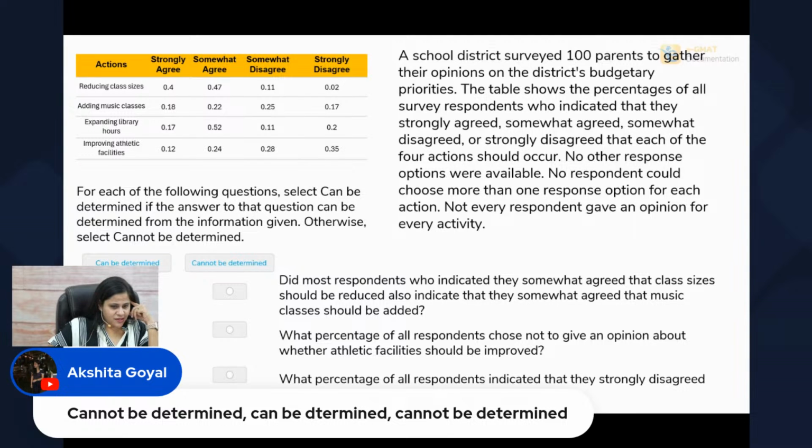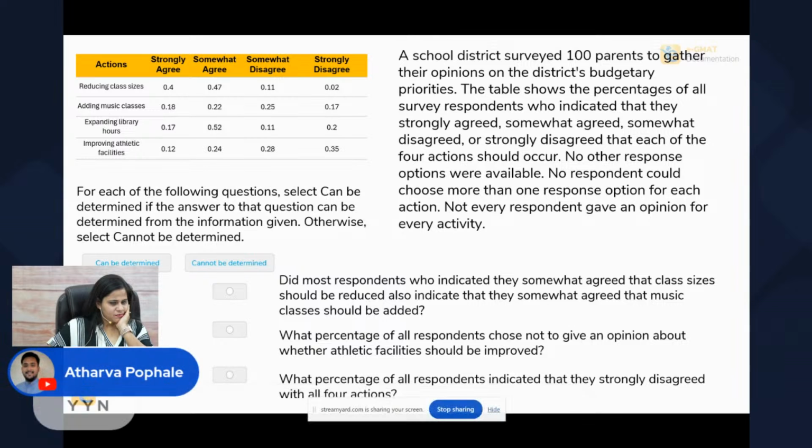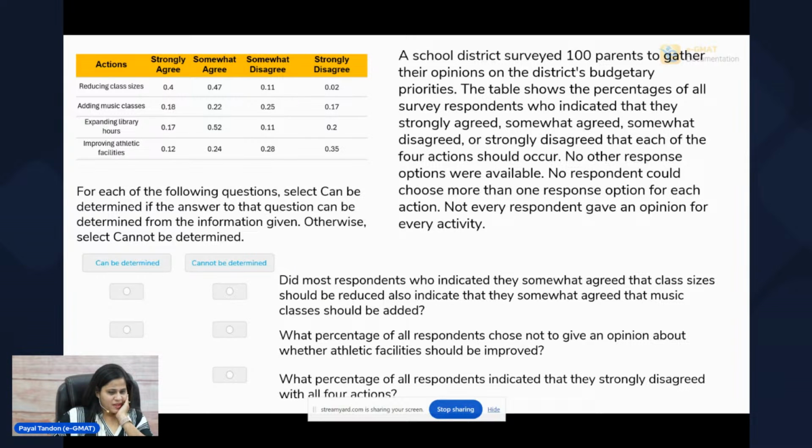So the correct answer here is, let me give you 15 more seconds. So Atharv and Akshita are differing on statement one. Akshita thinks it cannot be determined. Atharv thinks that it can be determined. How about others? And that is the main faltering point in this question.